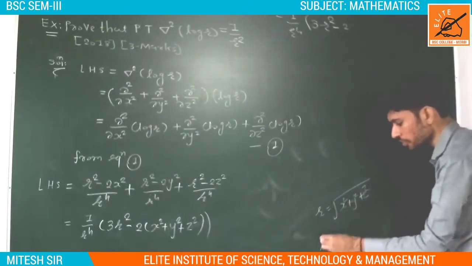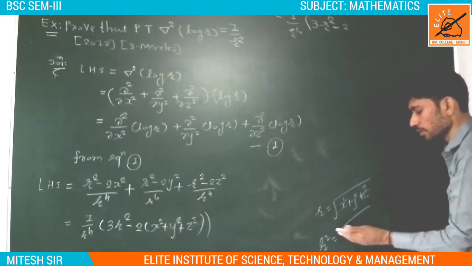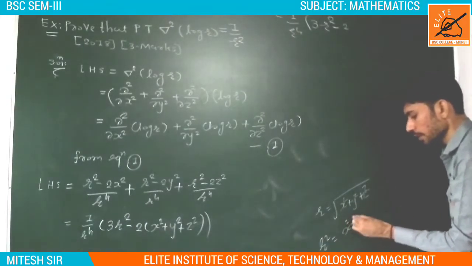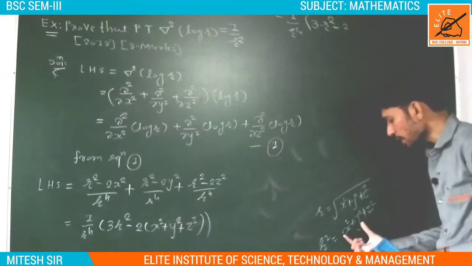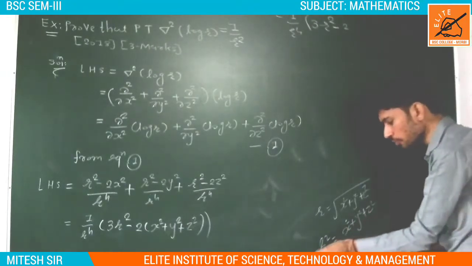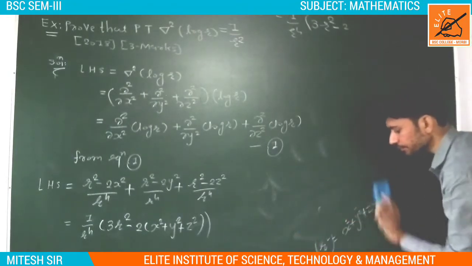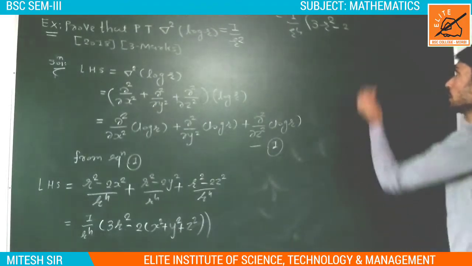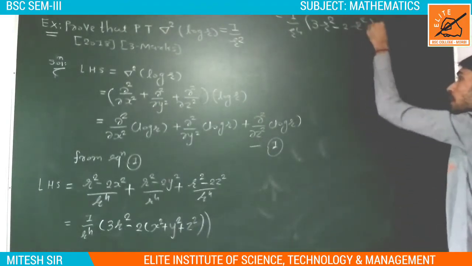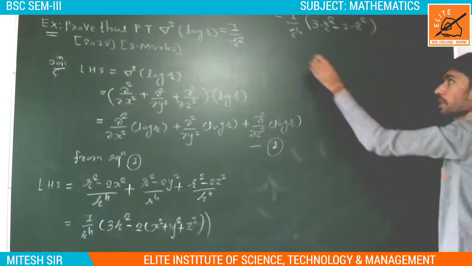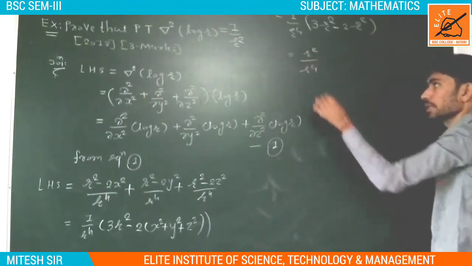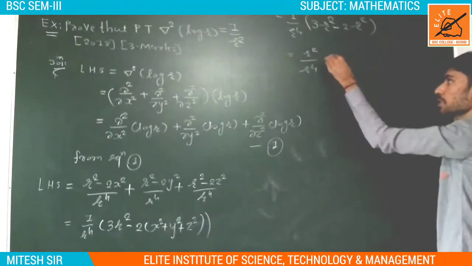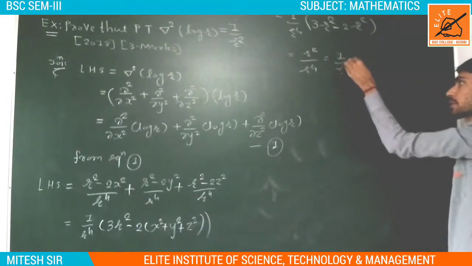Squaring both sides, r square is x square plus y square plus z square. So here we substitute x square plus y square plus z square is equal to r square, minus 2 r square. 3r square minus 2r square remains r square upon r raised to 4. R square upon r raised to 4 is 1 upon r square.